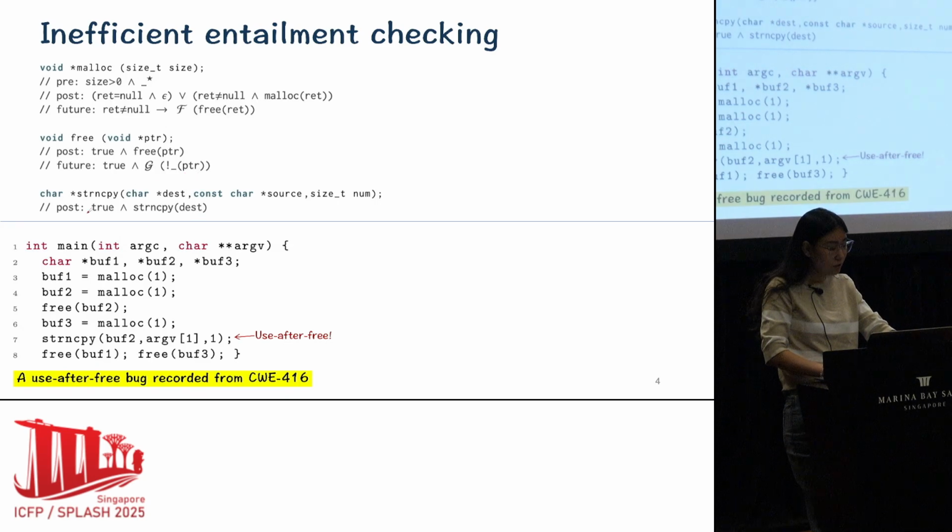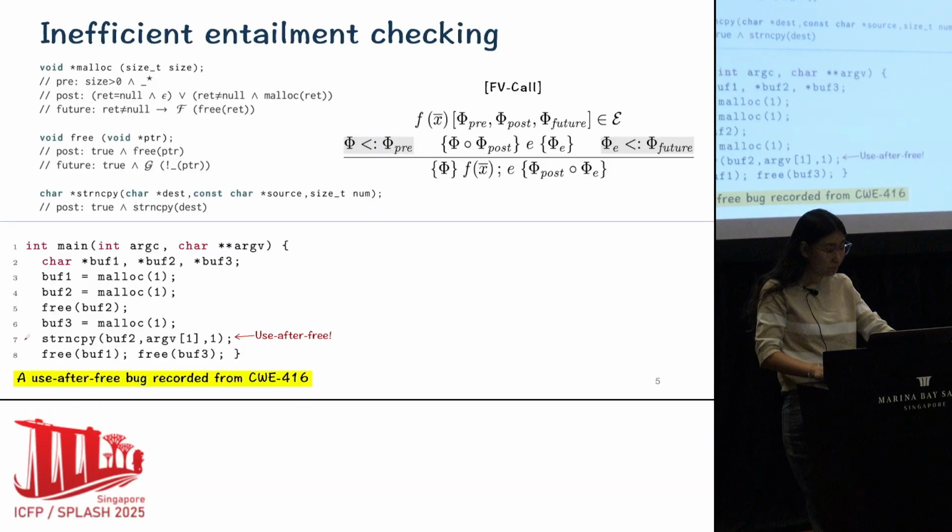The post condition of string copy triggers an event which makes use of the first argument. So the combination of the future condition of free, which triggers from line 5, and the event emitted from line 7 would capture this bug for us.